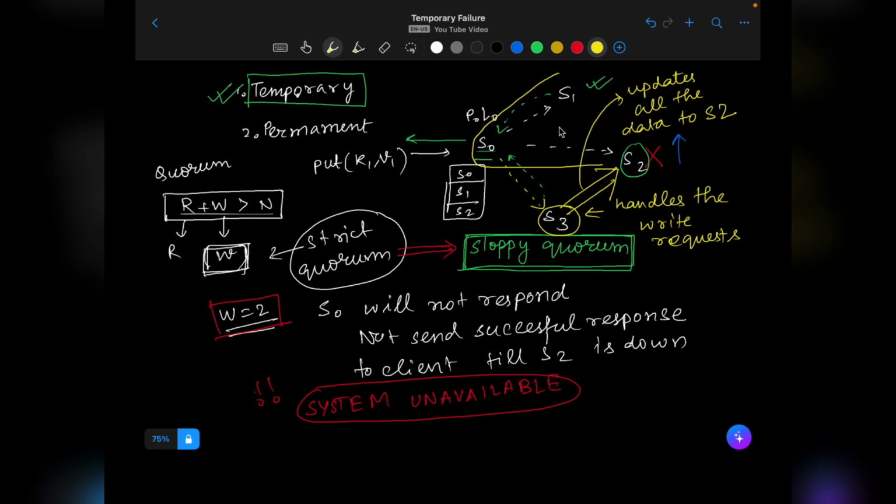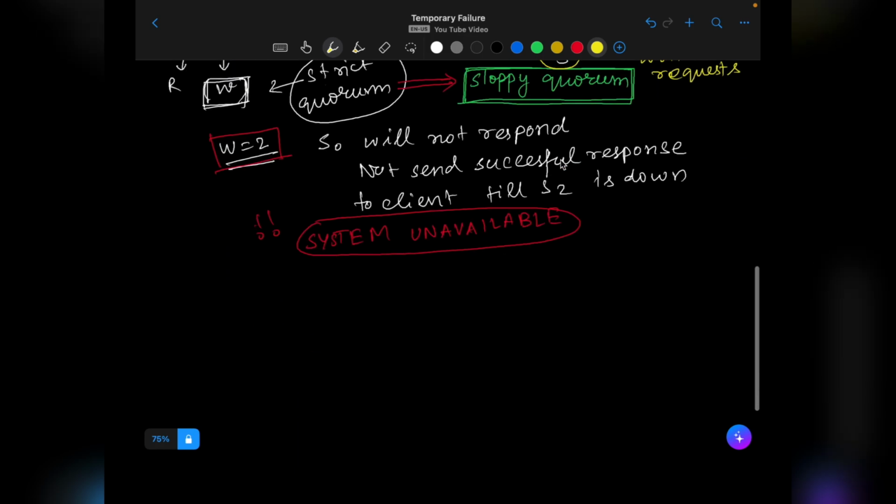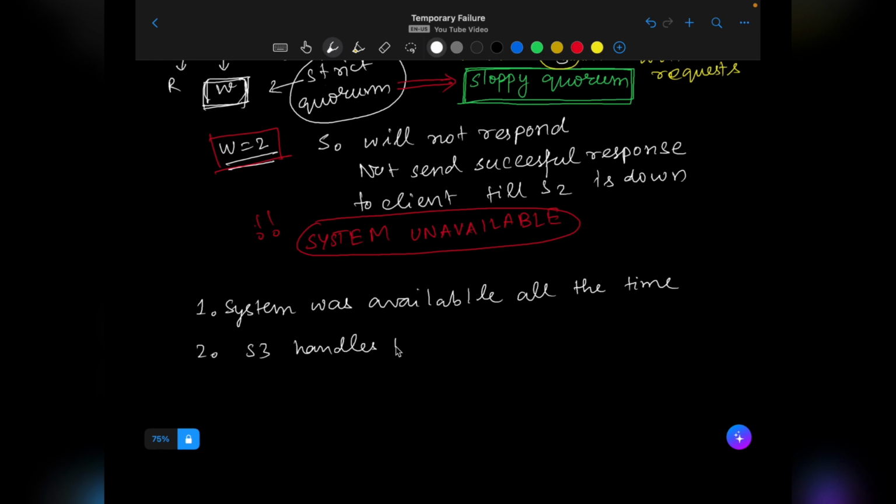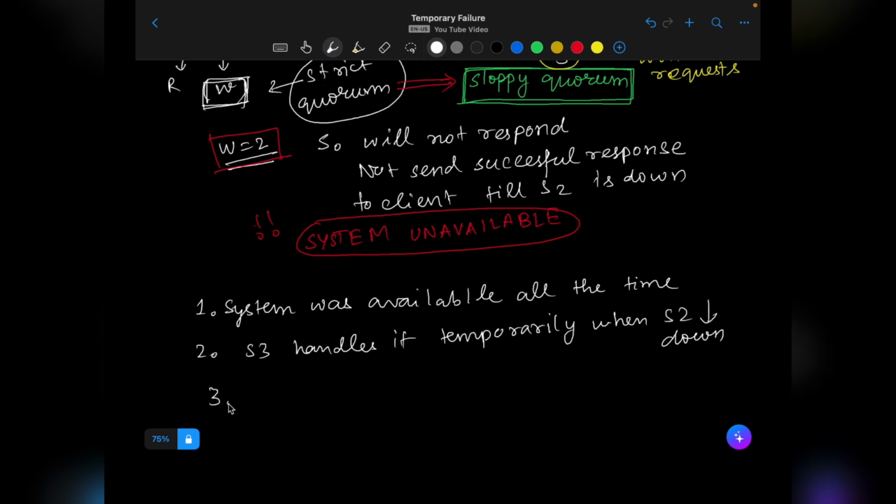So what happened when S2 was down and S3 was handling the data? Our system was available all the time. S3 handles the request temporarily when S2 is down, and when S2 is up, S3 updates S2.